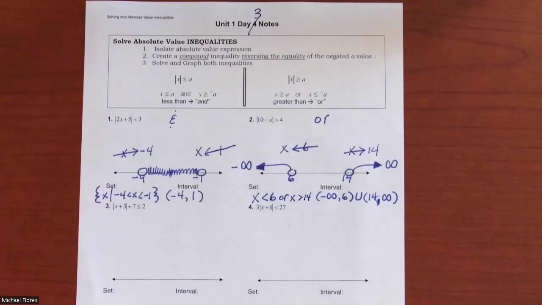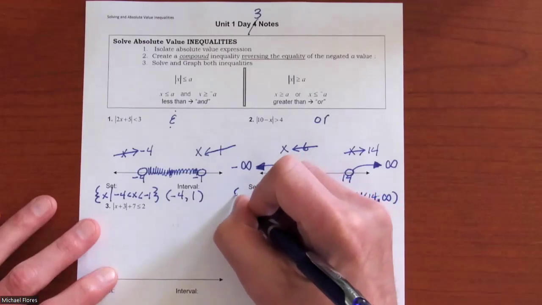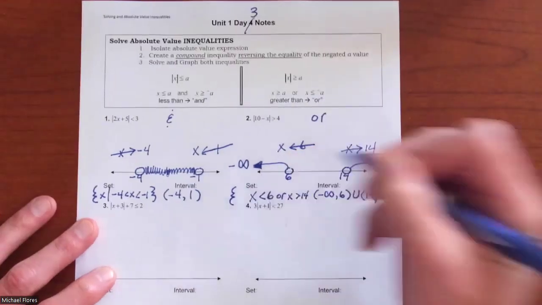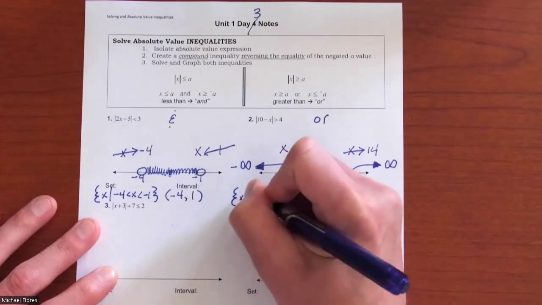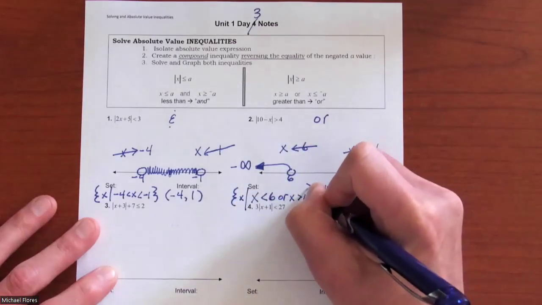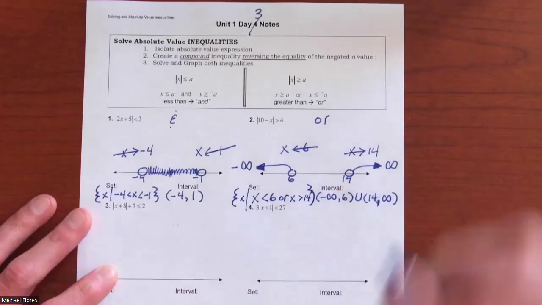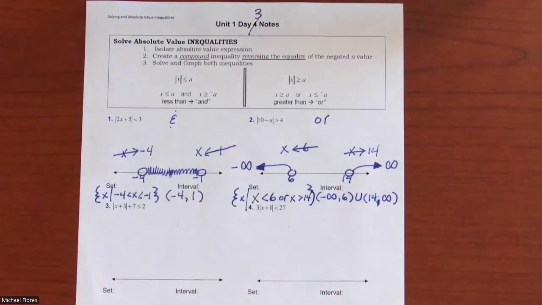That's what I'm mainly worried about, okay? But don't forget that we're really supposed to have this stuff too. Then close it with these fancy looking brackets. I'm mainly worried about this though. X is less than 6 or x is greater than 14.